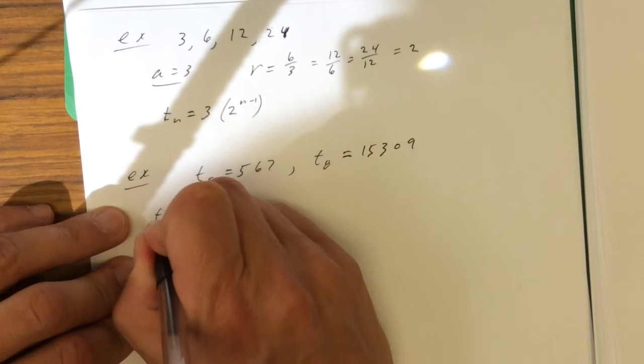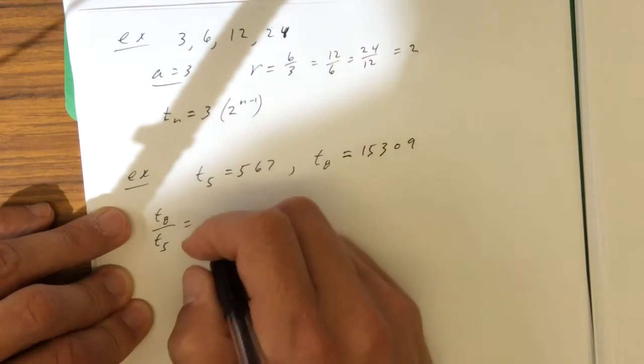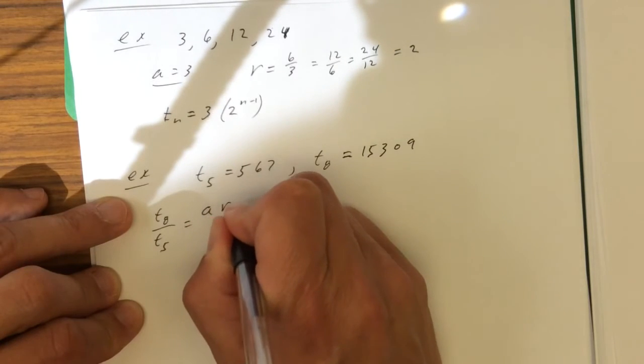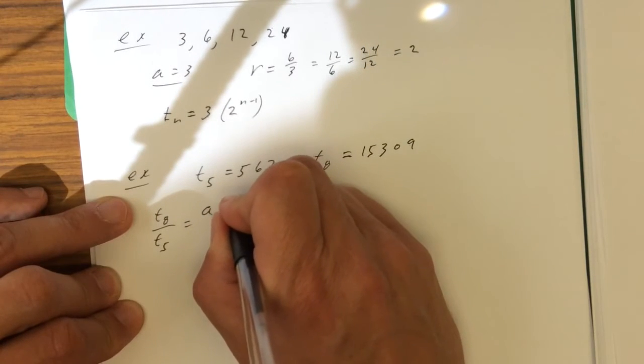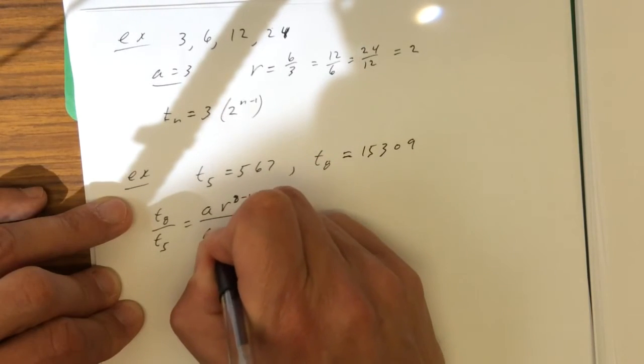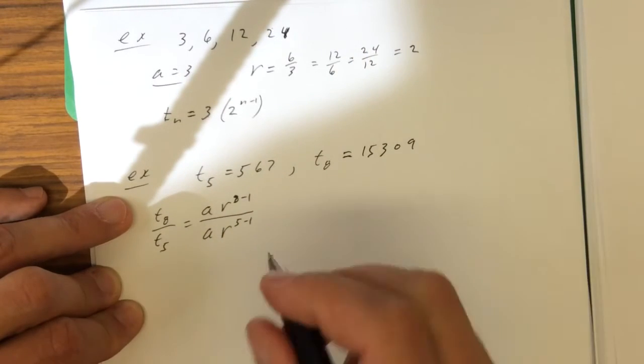So T8 divided by T5 equals, in general, A R to the 8 minus 1 over A R to the 5 minus 1.